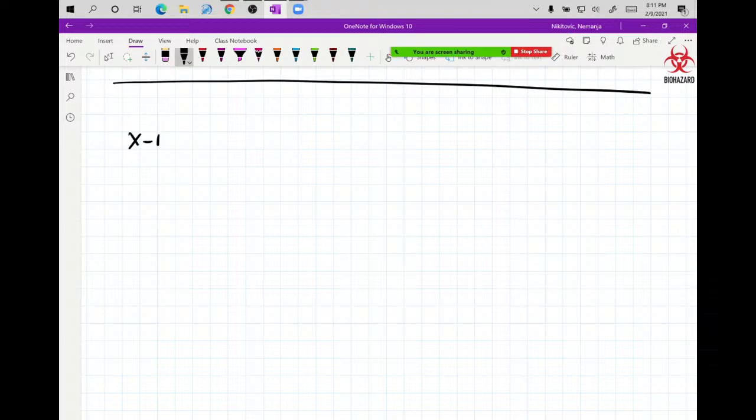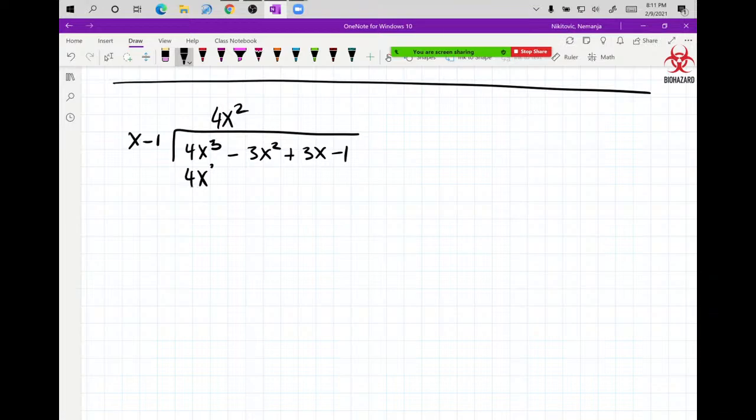So x minus 1 divided into 4x cubed minus 3x squared plus 3x minus 1. I'm going to go quickly through this because the synthetic division is the point over here. Okay, so x into 4x goes 4x squared, multiply it back, 4x cubed minus 4x squared. When I subtract these, they die, minus and plus, so it's a single x squared, drop these guys.